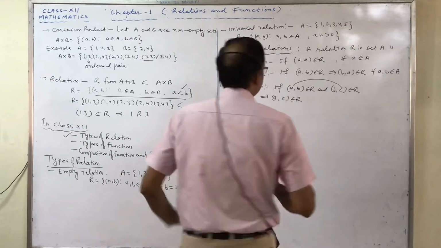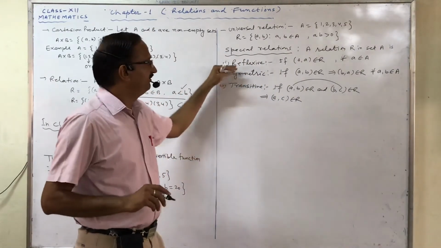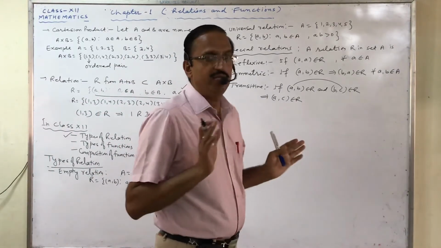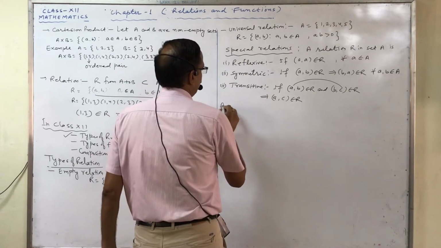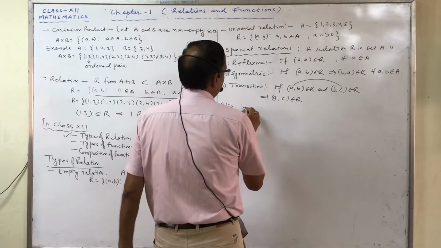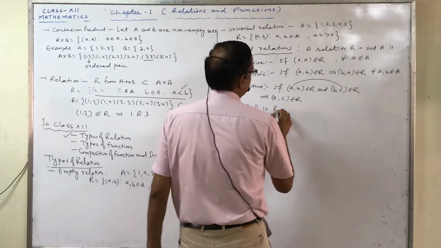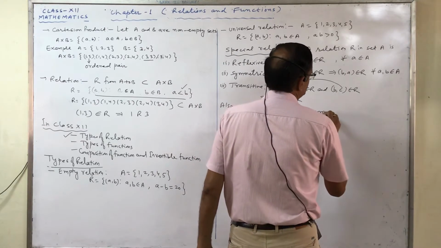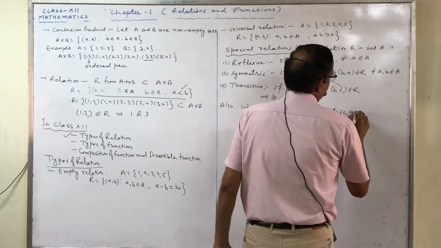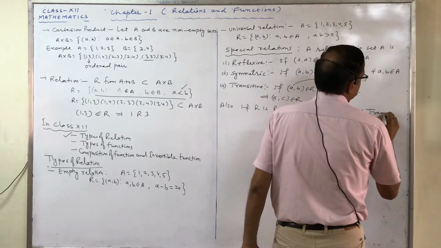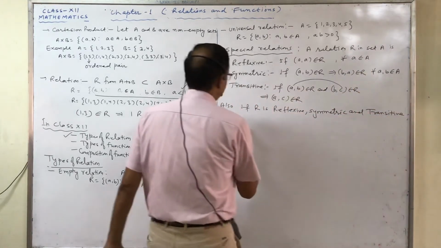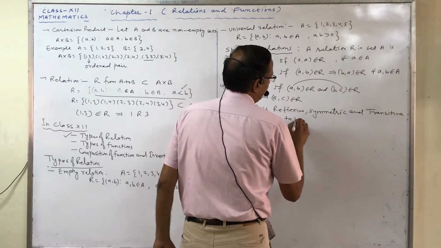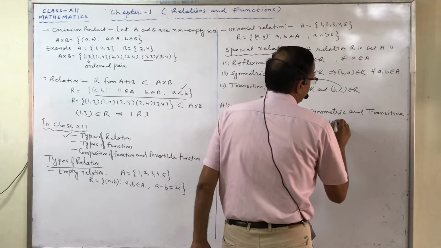Okay. If a relation R is reflexive, symmetric and transitive, then this type of relation is called an equivalence relation. Also, if R is reflexive, symmetric and transitive, then R is said to be an equivalence relation.